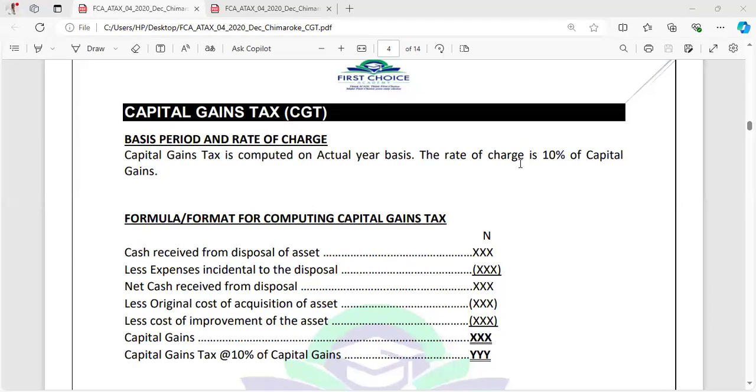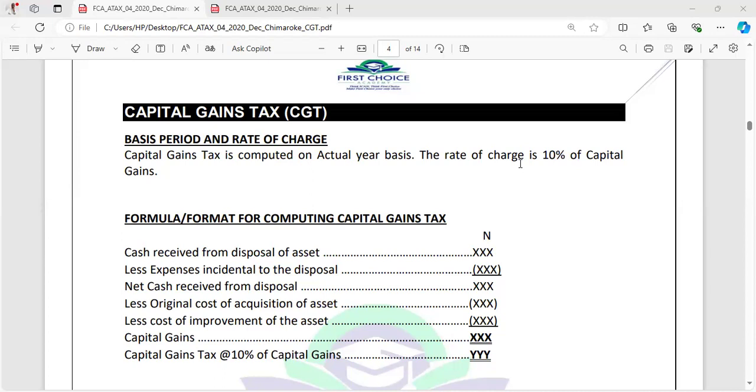Now you still need to deduct two other things. The second thing you are deducting, because we've deducted one thing, which is expenses incidental to disposal, is the original cost of the asset. How much it cost you historically to buy the asset.